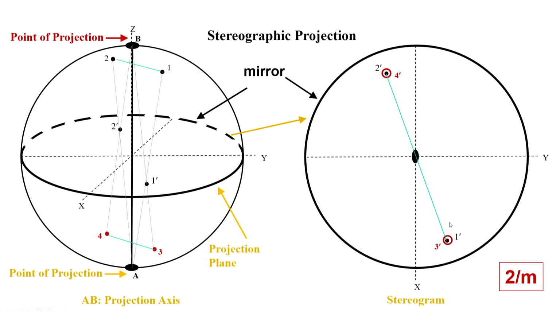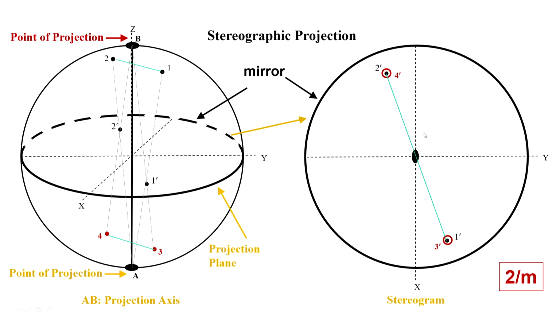Open circle means that these are projections done for those poles which are in the bottom hemisphere. You also see that the circle of the stereogram itself is shown as a dark black line to indicate that it is a mirror. So 1 prime is reflected to 3 prime, 2 prime is reflected to 4 prime in the stereogram.